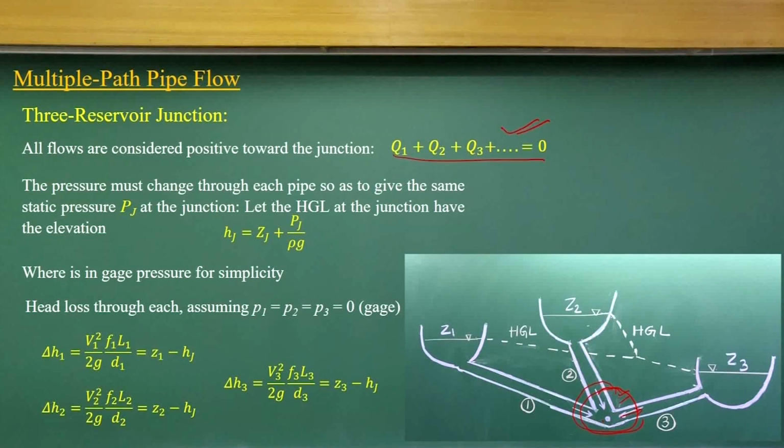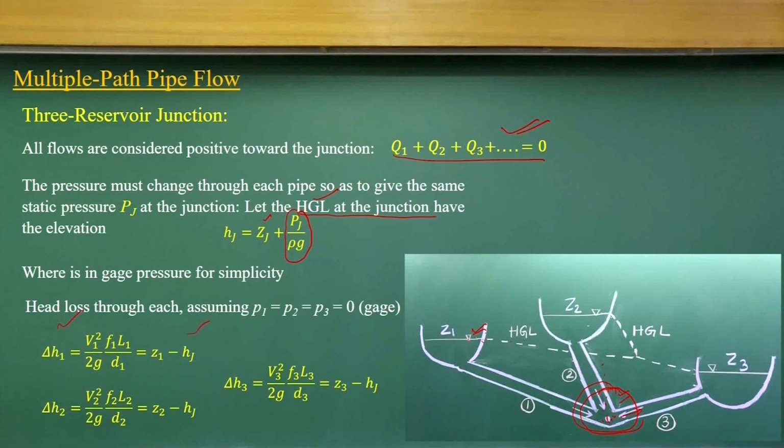But another thing you need to compute is how much energy or head there is, that is, the elevation of the hydraulic gradient line. That will be Z1 plus the pressure head part. This hydraulic gradient is supposed to equal the change of energy. We have the energy gradient line at this point like this, and I know the hydraulic gradient lines at these points.